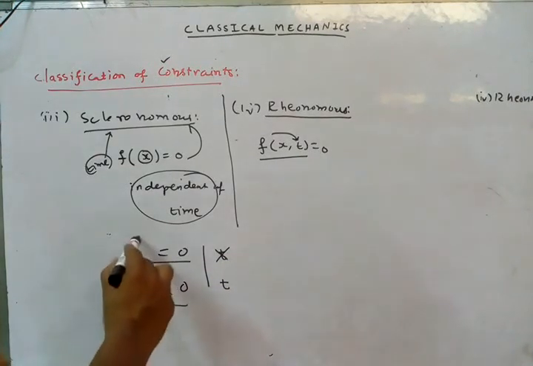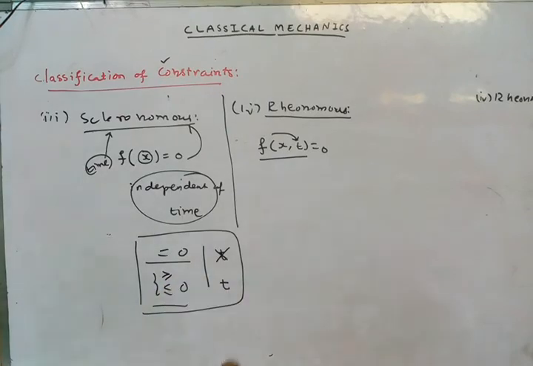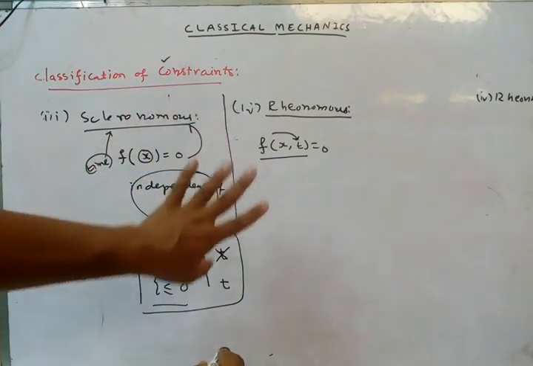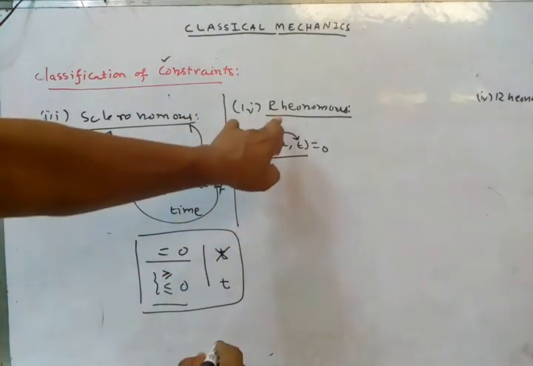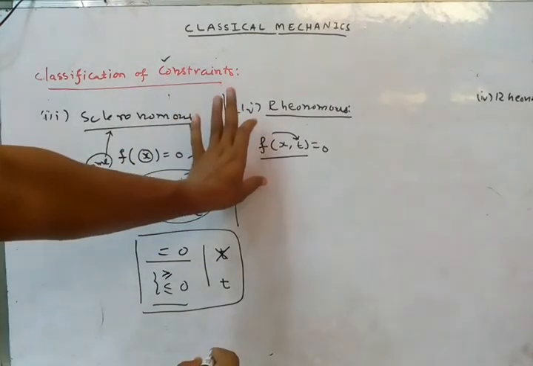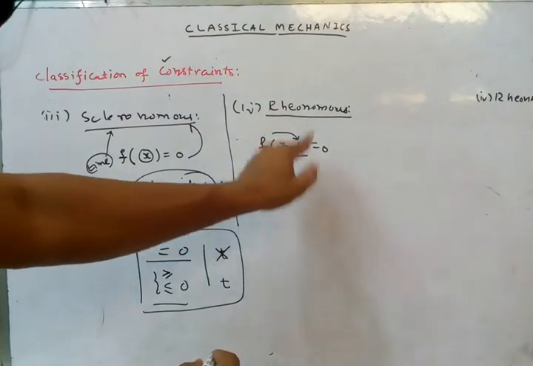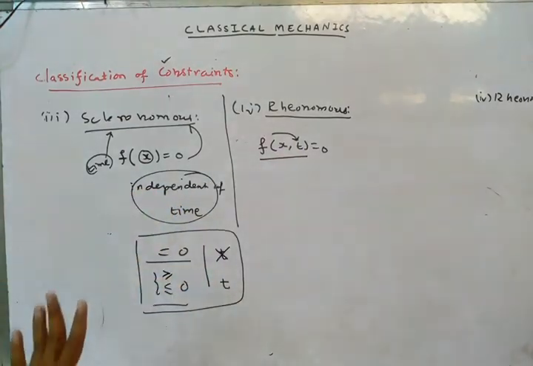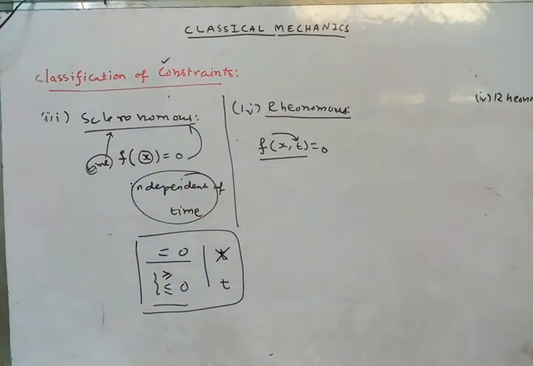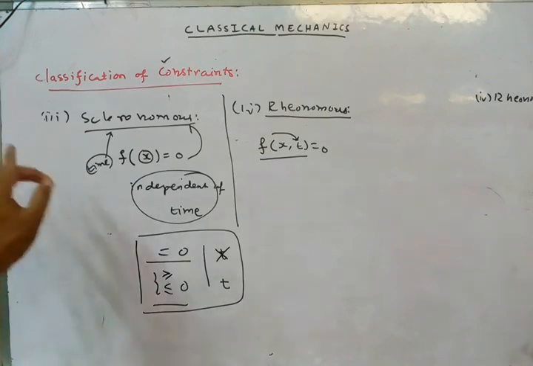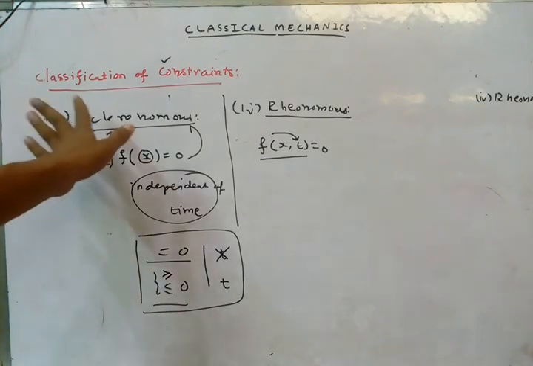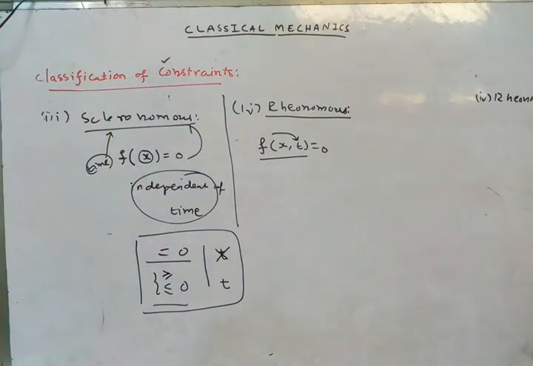So these four types of constraints we have: holonomic, non-holonomic, scleronomic, rheonomous. In the rheonomous constraint, the constraint depends on time. This is the classification of constraints. So I discussed a simple topic, classification of constraints. Thank you.